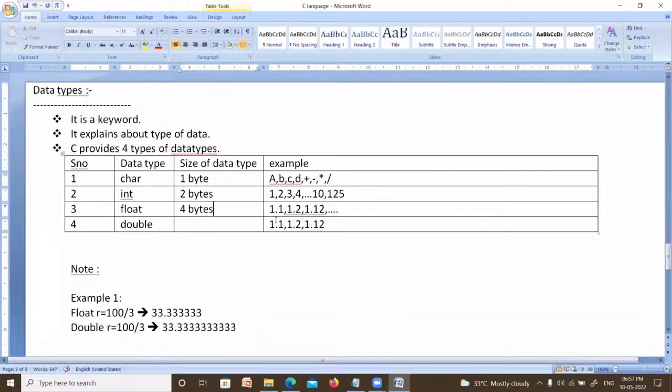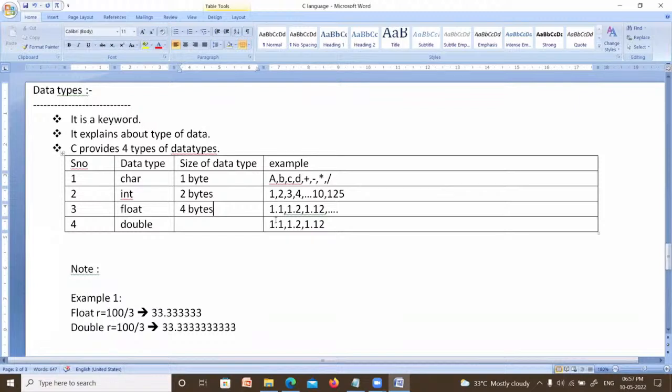Modifiers. What is the meaning of modifier? My dear friends, suppose I have a 2 liters water bottle.